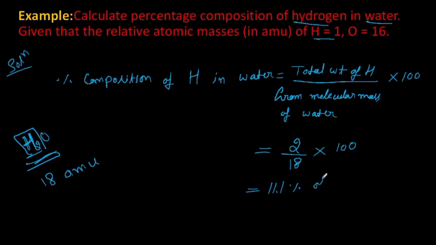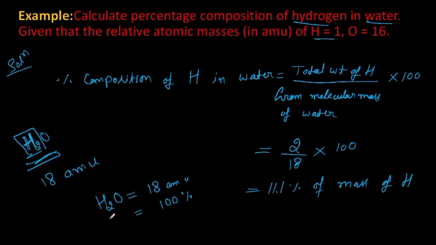11.1% of mass. 11.1% of mass of what? That is mass of hydrogen, which is present in water molecule. For example, see here, the total mass of the water is 18 AMU. That means this 18 AMU, we will consider it as how many percent? 100%.